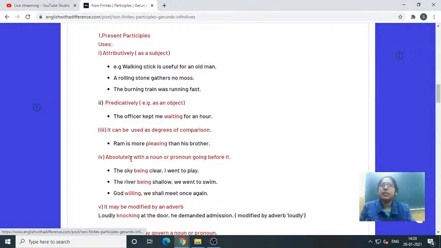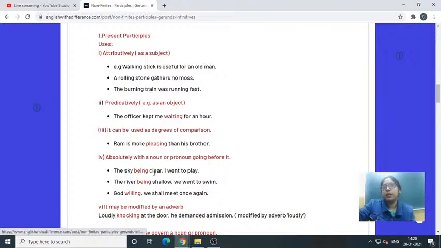For example, the sky being clear, I went to play. Next example, the river being shallow, I went to swim. God willing, we shall meet once again. So my dear children, please follow this one.